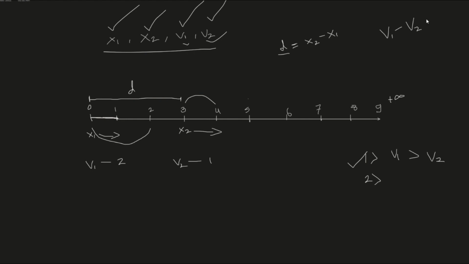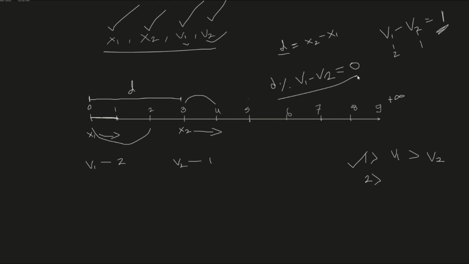So it is equal to 1 for this particular case, because v1 is 2 and v2 is 1. So after each jump, the distance between them will be reduced, right? There is a total distance of d. If the distance is perfectly divisible by the velocity difference, then we can say that they will meet at some point, because we can jump as many times as needed.